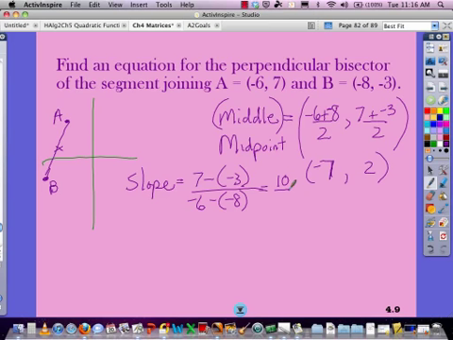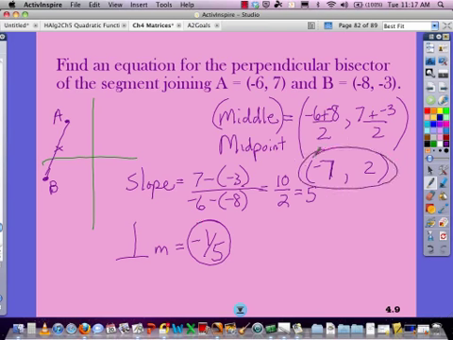Negative 6 minus a negative 8, minus a negative would be plus a positive, is a 2. So the slope of our current line is 5. But we need the perpendicular slope. And that would be the opposite reciprocal. So we need negative 1/5, and we also need this midpoint value, and we're ready to write our final equation.